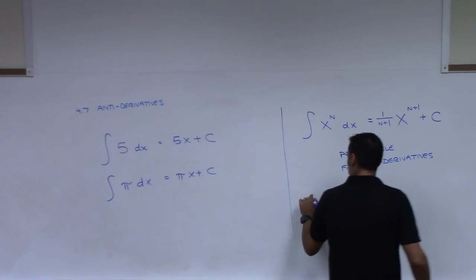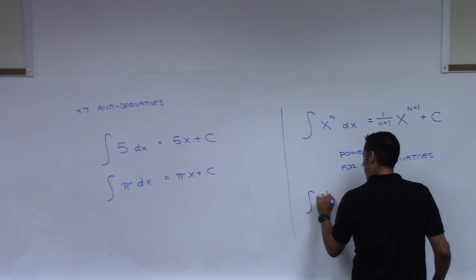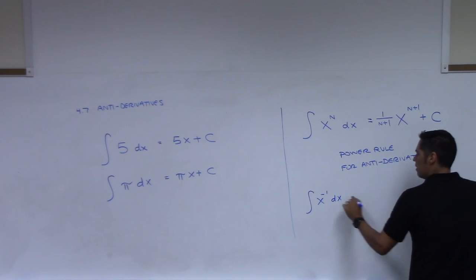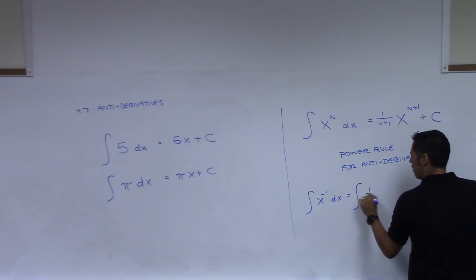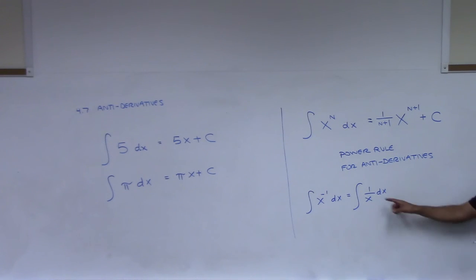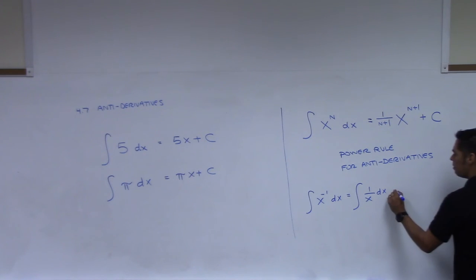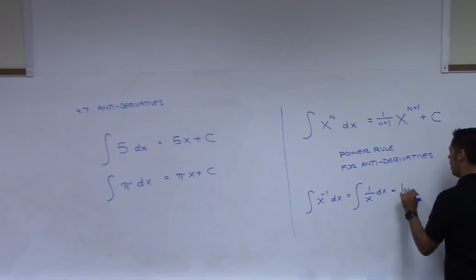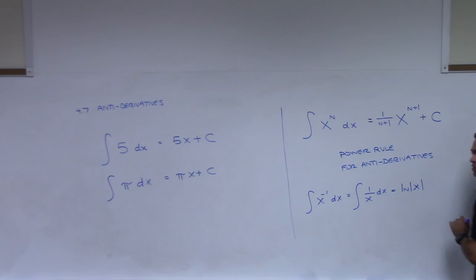What if n was negative 1? Then that's the same as 1 over x, right? And that you should recognize because you did that in Cal 1. The derivative of something was this, natural log. So we put natural log, and we normally put absolute value around the x to make sure that it's defined, and then plus c.